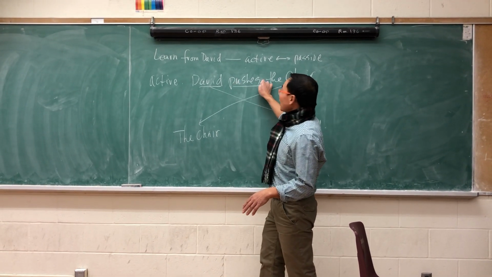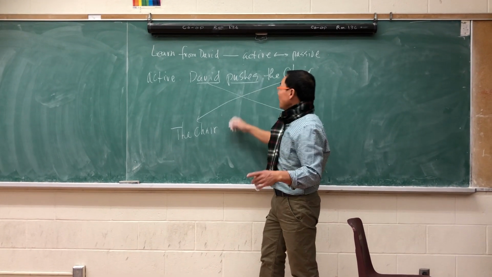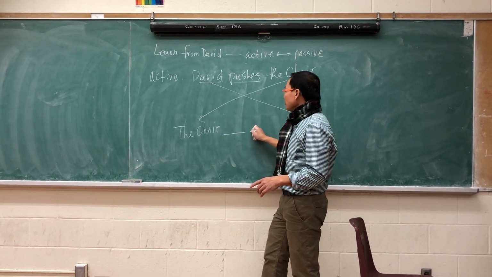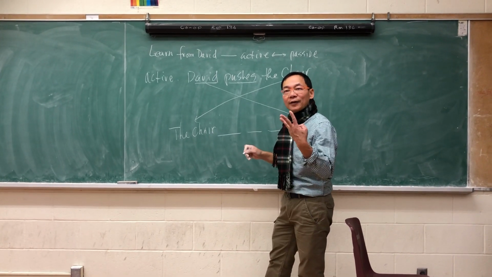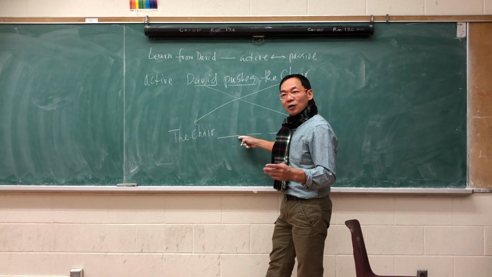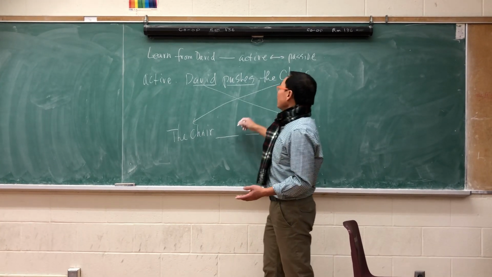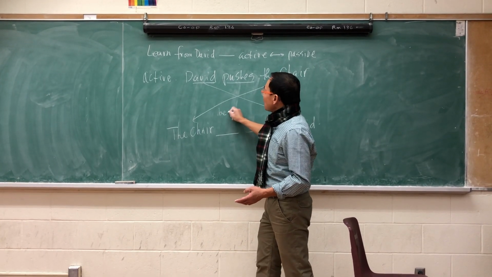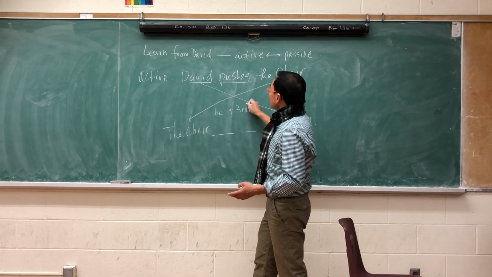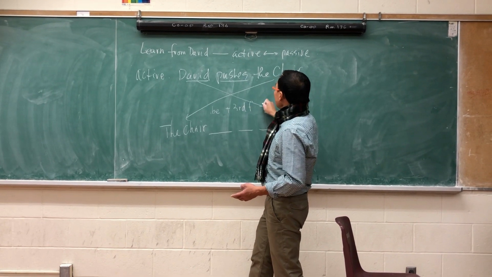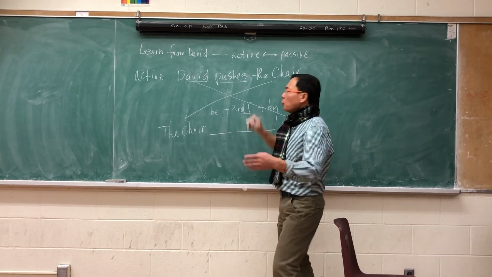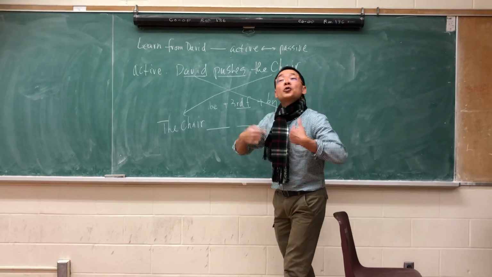Now, I call this one finger. If it's one finger here, I have to have three parts here, three fingers. From one finger to three fingers, okay? Now, don't forget, it's be plus the third form plus by. Now, some people don't know what the third form is. It's my own creation.